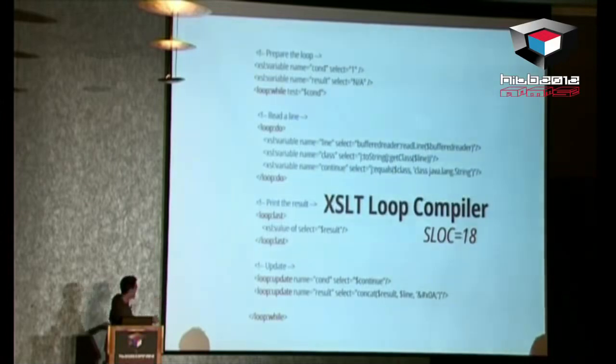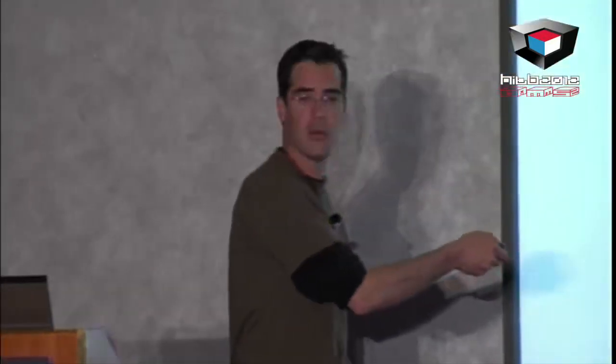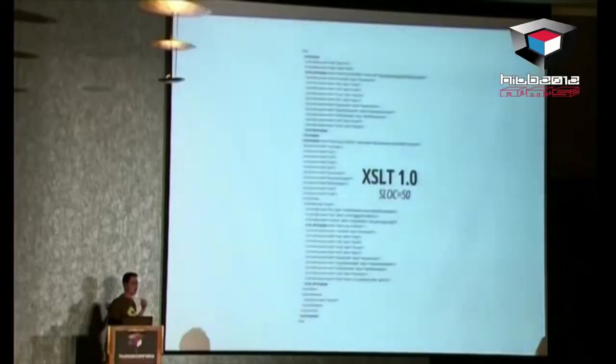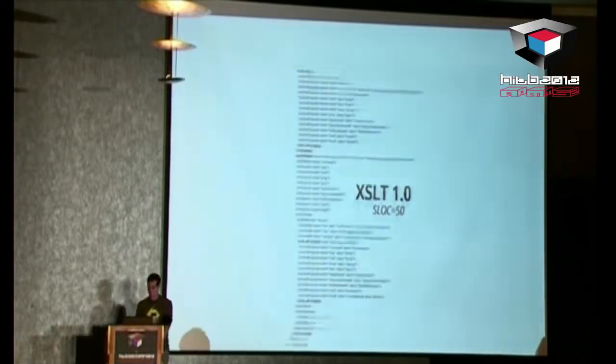And at the end, here we will try to print the result. But this is invalid XSLT code because you have this kind of tags which are forbidden. So you use the code generator and you get this kind of valid XSLT code which is 50 lines long, but which will work as an XSLT loop.